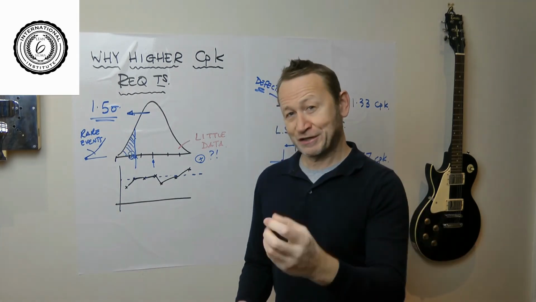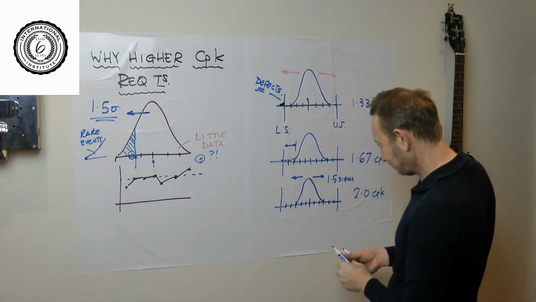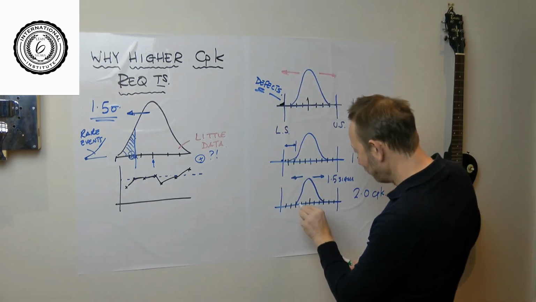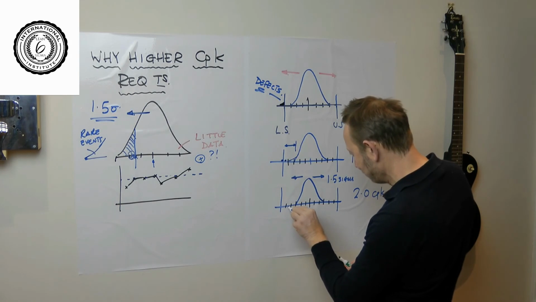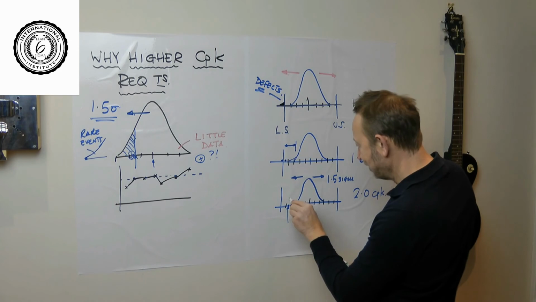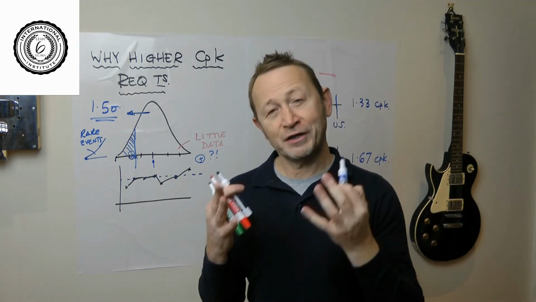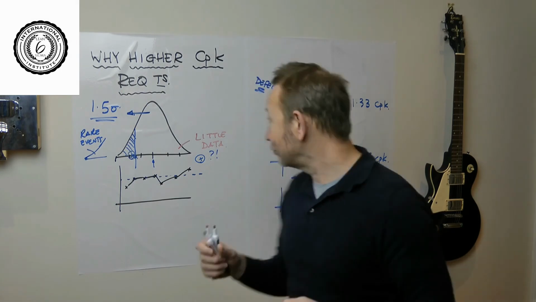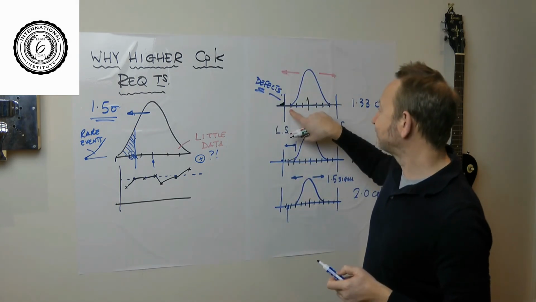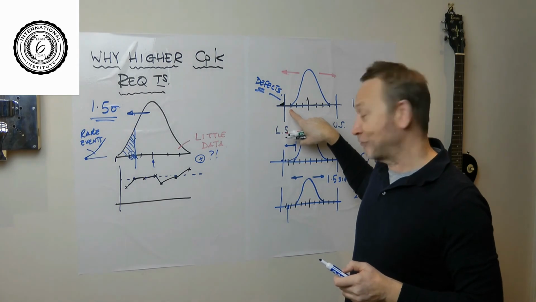But of course, the other thing is it's a smaller distribution in and of itself. So now look, when it moves 1.5 sigmas, the tail is going to finish there. It's going to finish 1.5 sigma shy of the tolerance, which is, if you look here, this distribution here was only 1 sigma shy of the tolerance.